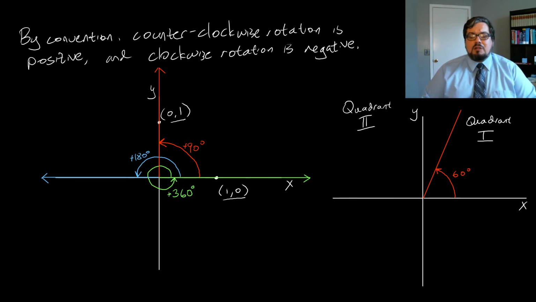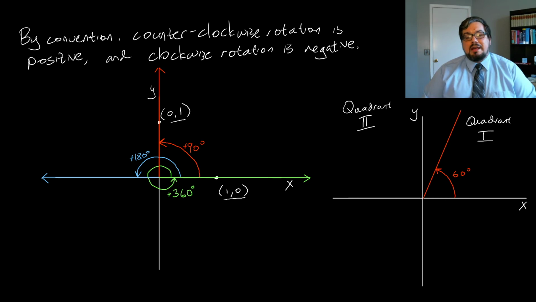And the quadrants are numbered counterclockwise, again, starting in the upper right-hand quadrant. So quadrant 1 is the upper right-hand quadrant where you have positive x coordinates and positive y coordinates for the points in that part of the graph.